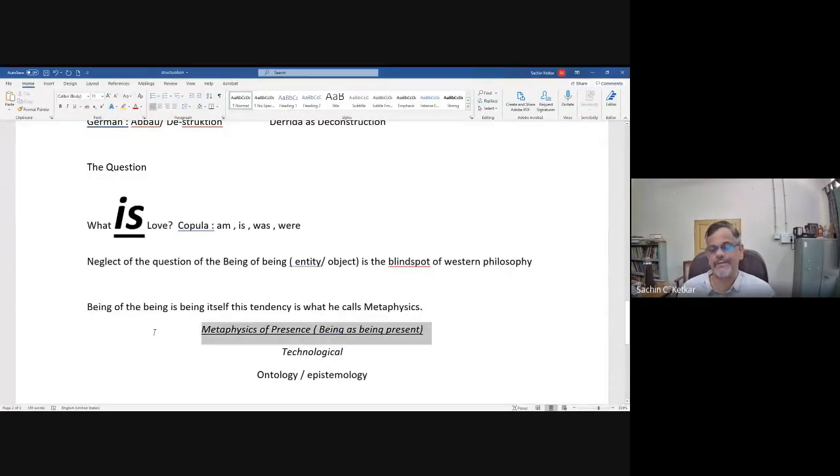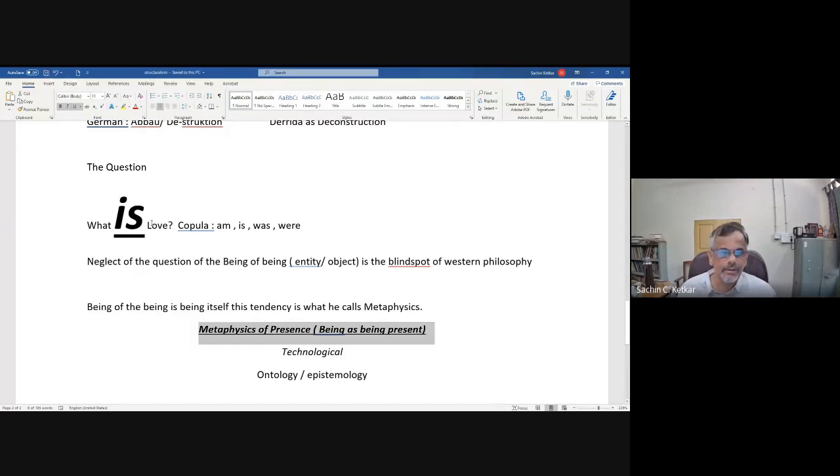Destroy यानी नॉन बीइंग कर देना ऐसे नहीं, खत्म कर देना ऐसे नहीं, उसे रिकॉन्फिगर करना, रीइंटरप्रेट करना, रीस्ट्रक्चर करना. So according to Heidegger, it's a positive operation involving reassembling, decomposing and recomposing Western philosophy, which is not based on metaphysics of presence, right?